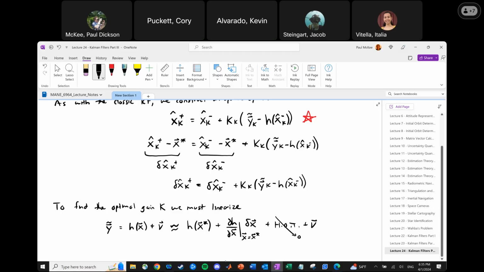And so this derivative, the derivative of our nonlinear measurement model with respect to the state, is going to be defined as H tilde. That's the idea.